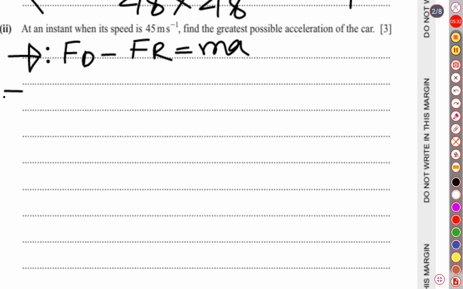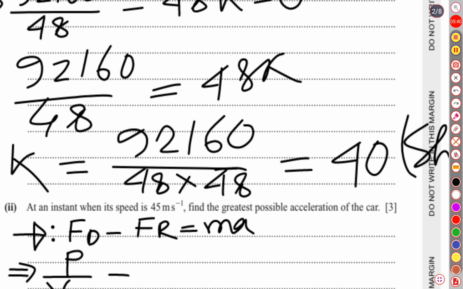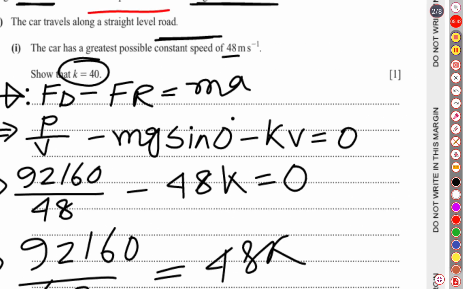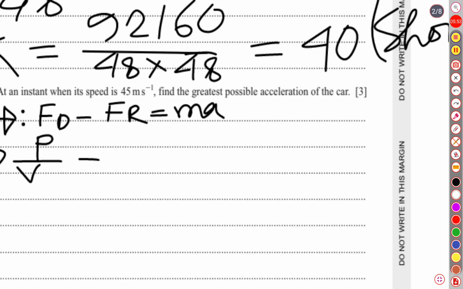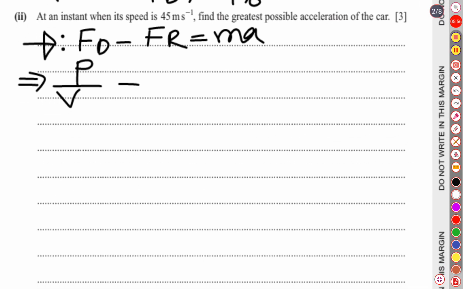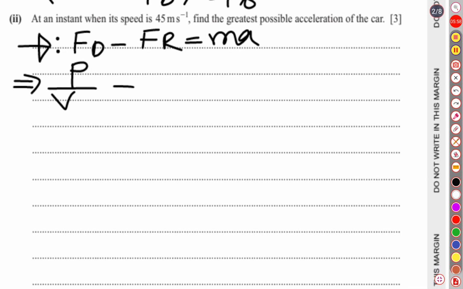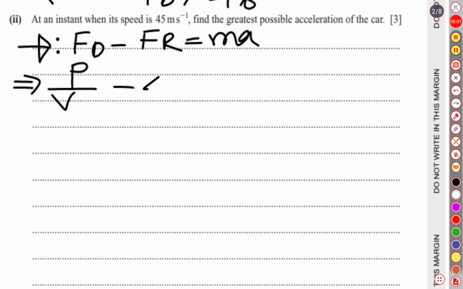The driving force is P over V, minus the resistance force, which is kV. K stands for 40, which we have already obtained. So 40V equals mass into acceleration. Mass of the car is 1200 kg, so 1200 A.